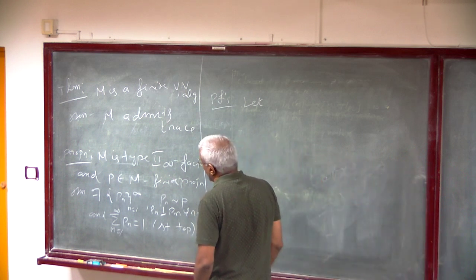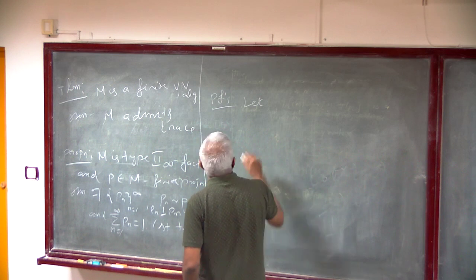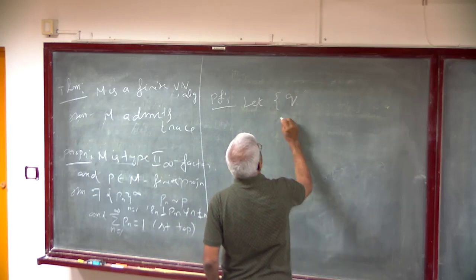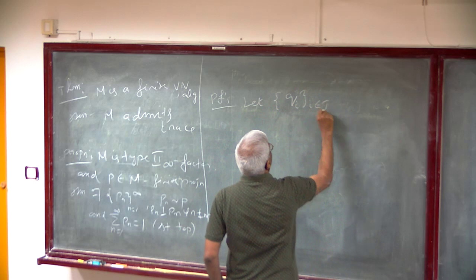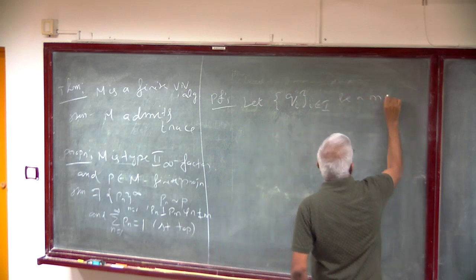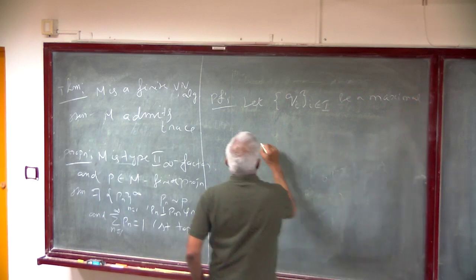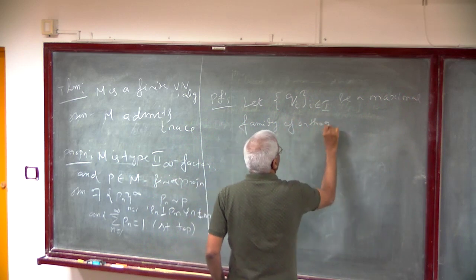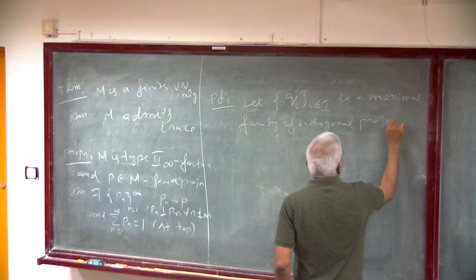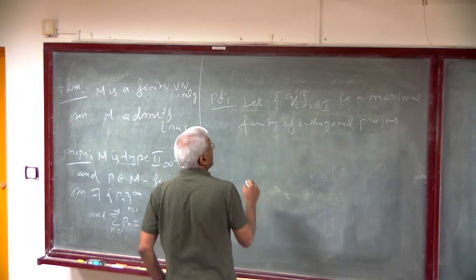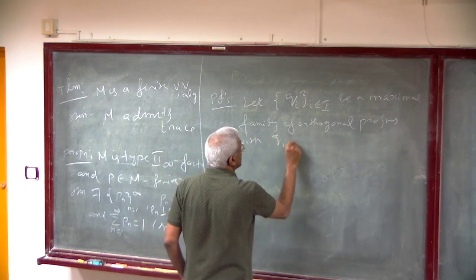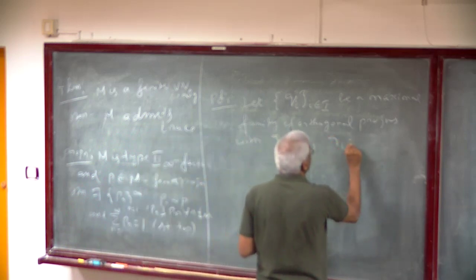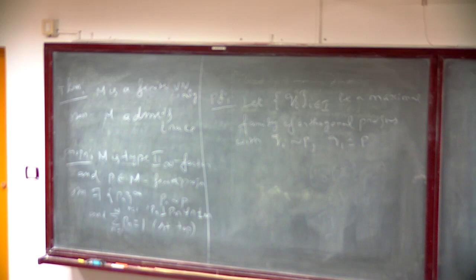Okay. So let Qi, i in I, be a maximal family of orthogonal projections with each Qi equivalent to P. Let us take Q1 equal to P. You can do that, right?